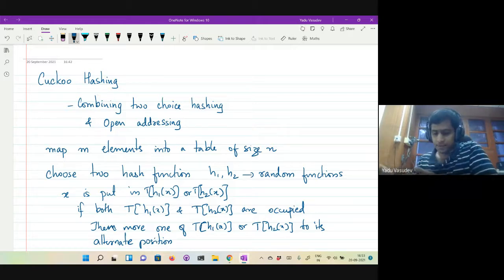The name comes from the nesting pattern of the cuckoo, where the bird goes and lays its egg in one nest, and throws away the eggs that were there in that nest, right?